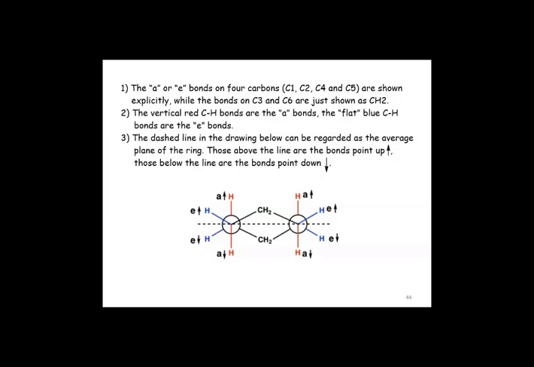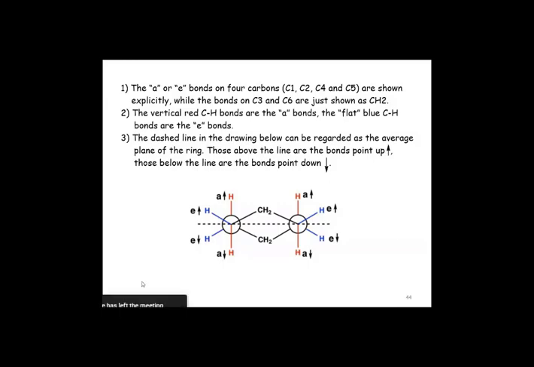The axial and equatorial bonds on the 4 carbons, that is carbon 1, carbon number 2, carbon number 4 and 5, are shown explicitly, while the bonds on carbon number 3 and 6 are just shown as CH2. The vertical red C-H bonds represent the axial bonds, whereas the flat blue carbon-hydrogen bonds represent the equatorial bonds.